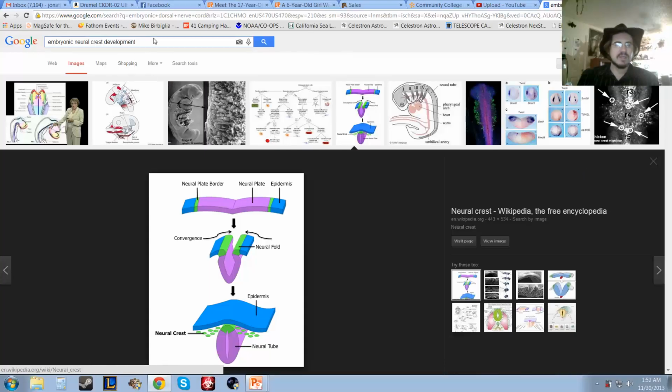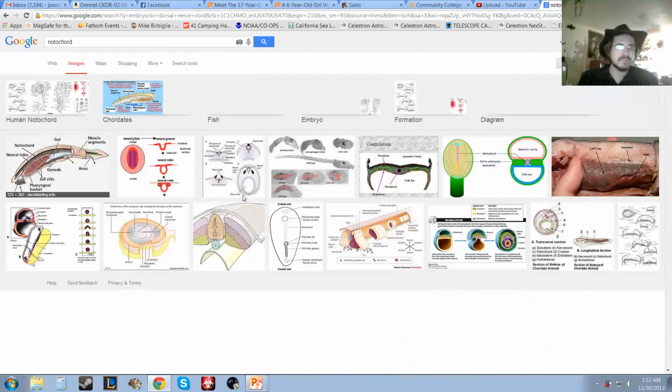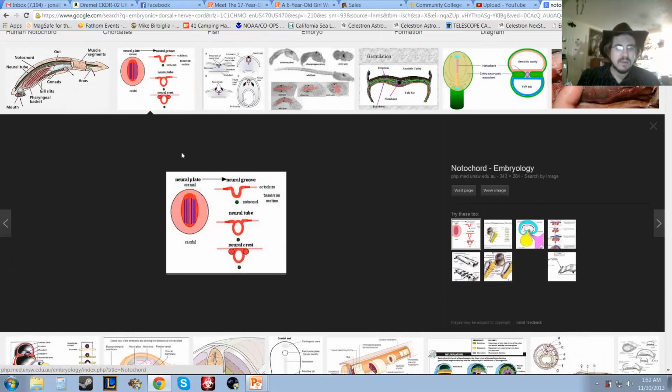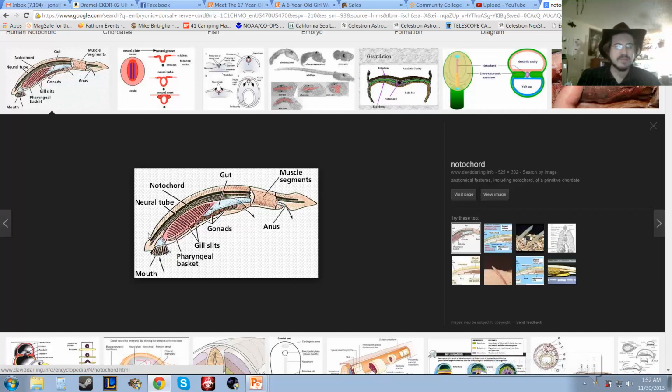So let's take a look at a notochord for you. Here's another picture of the plate development, and there's the notochord there. And this notochord, let's take a look here in this organism. We can see the neural tube is the solid line along the top there.